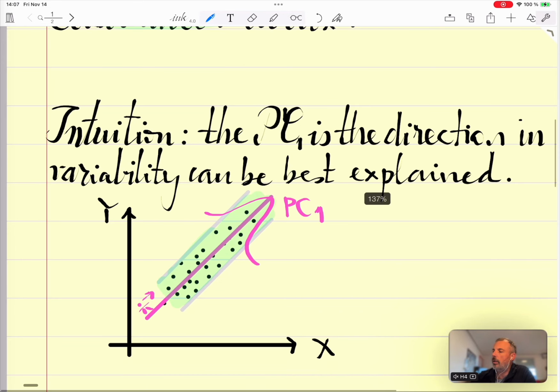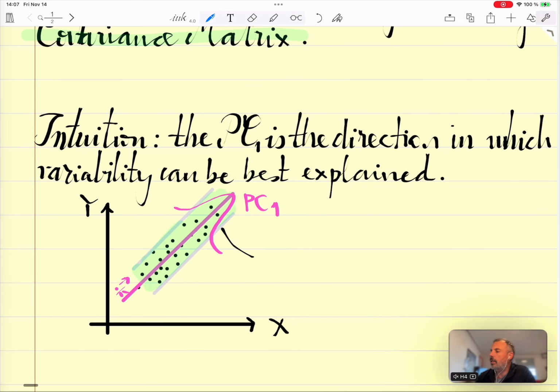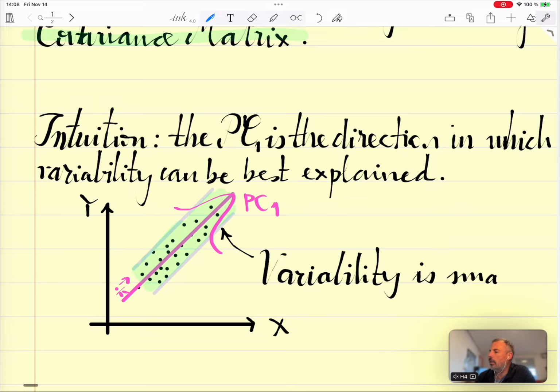So variability is smallest in this direction.